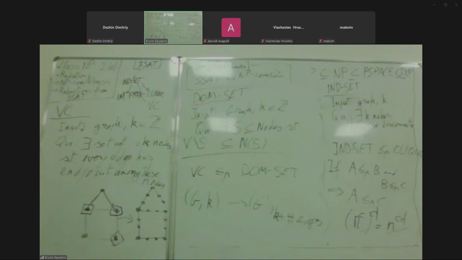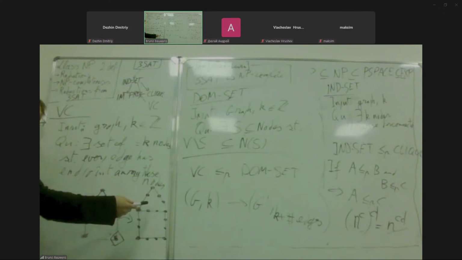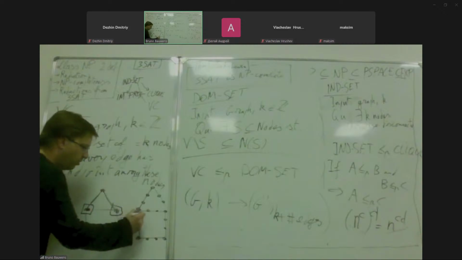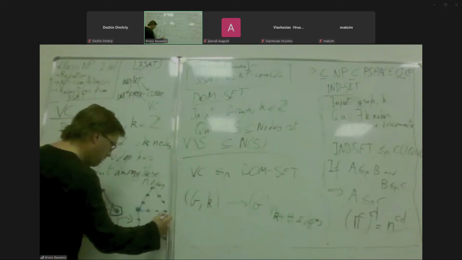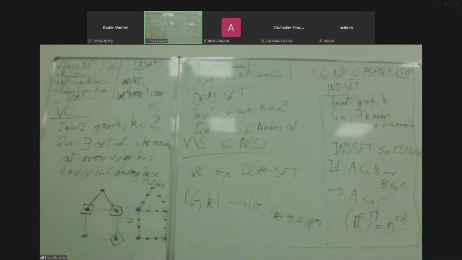So if there is a vertex cover here, we have a dominating set here. First, the original nodes that we select are the same ones as the vertex cover. Like this. And now the question is for the other nodes.